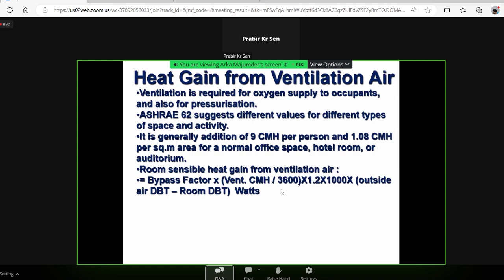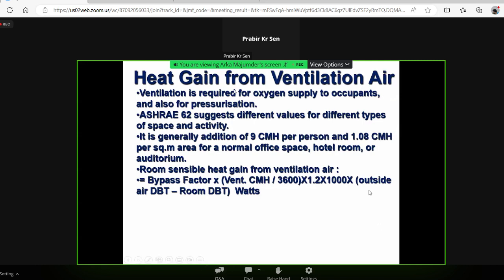So room sensible heat will be bypass factor, that is 0.12, into ventilation CMH, that is 1116 CMH, into 1.2 into 1000 divided by 3600, into outside air dry bulb temperature minus room dry bulb temperature. So much watts will be coming directly inside the room as sensible heat.